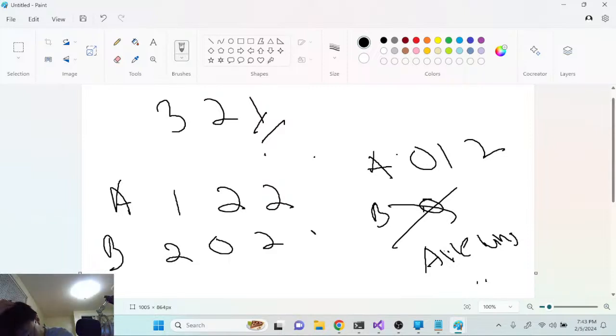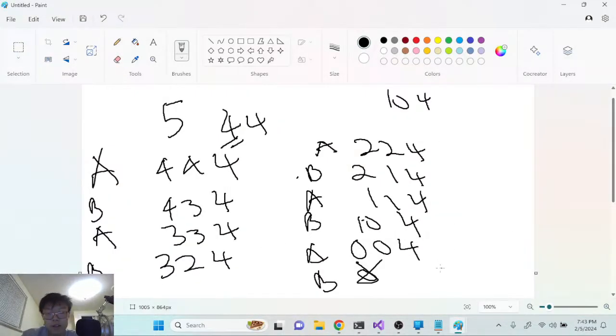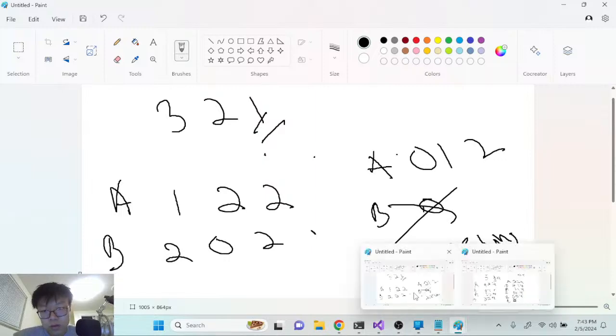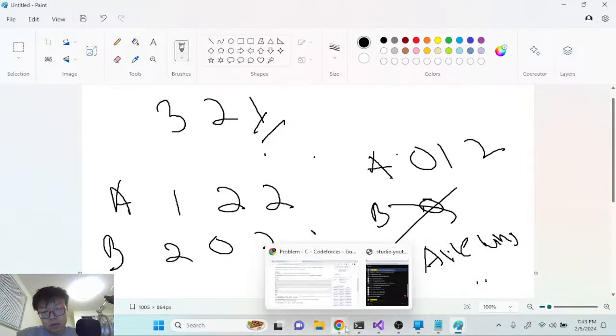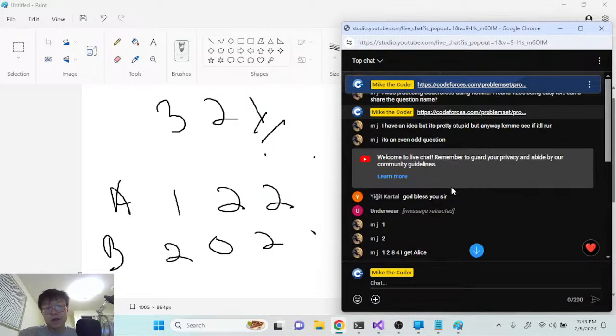Does Alice always win if it's greater than 3? Because here, Alice wins. Here, Alice wins. Is that the case? Because I don't think so. This problem is very difficult.